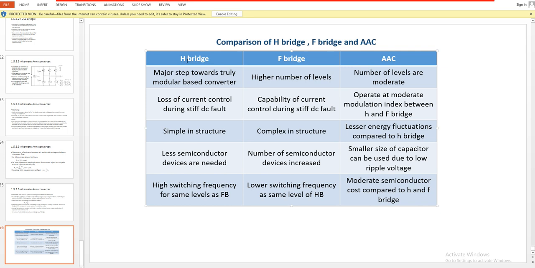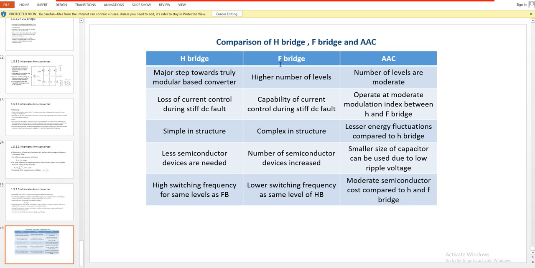You can increase the modulation index greater than 1, and there is an advantage of doing that: the energy pulsation, energy fluctuations are very low, and because of that you can use smaller values of capacitor compared to the half bridge, and you can save the initial cost of the converter.